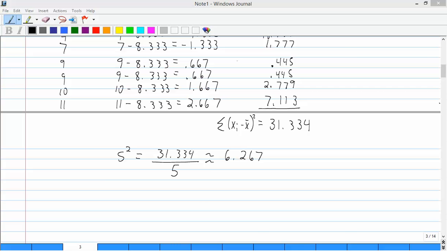Okay? The standard deviation is simply the square root of the variance.